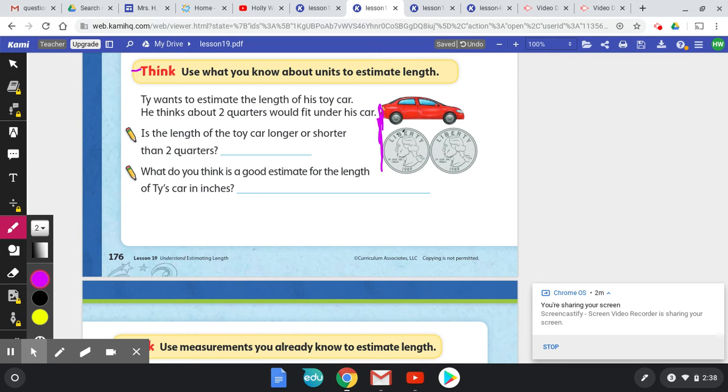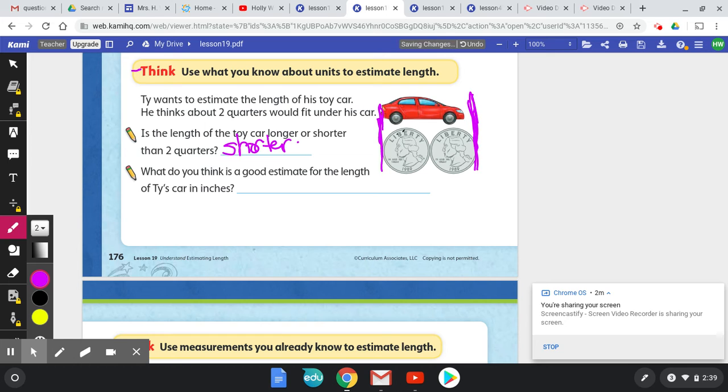Now it goes a little past, but remember, it's the closest to that unit. We don't do exact inches, and we're estimating here. So it's about 2 quarters. Is the length of the toy car longer or shorter than the 2 quarters? And we would put it is shorter than the 2 quarters.